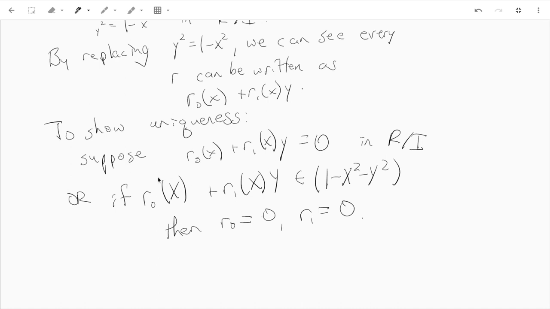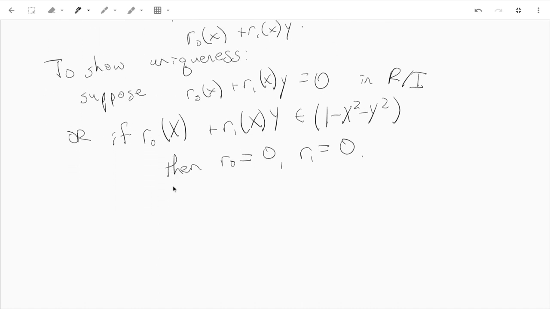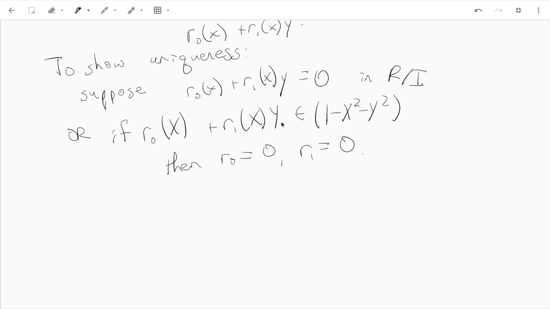Okay, so let's suppose this is true, that we have r0(x) plus r1(x) times y is this polynomial times some other polynomial.